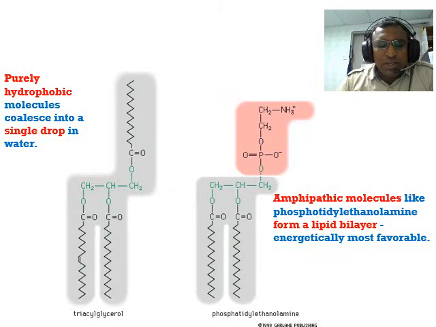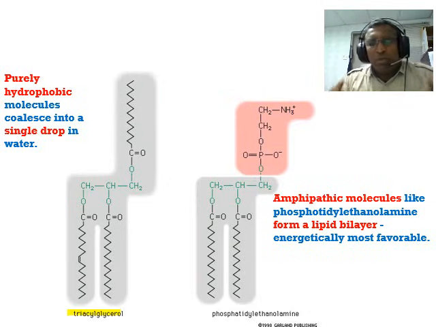The one that does not like water at all is the triacylglycerol, because it's made up of three fatty acids. There's nothing having charges or OH groups. Therefore, when you put this with water, it stays entirely away from water.